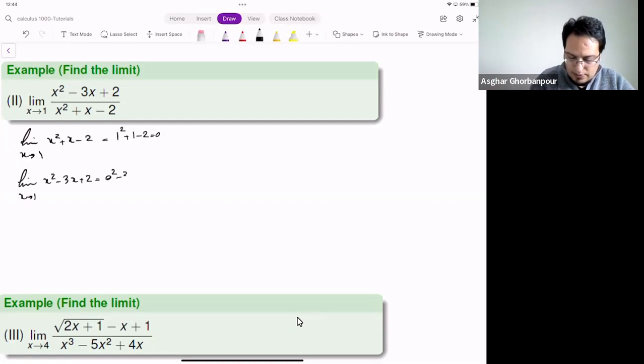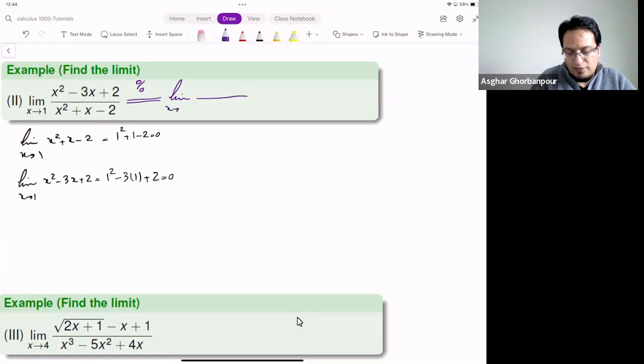Oh, sorry, I'm not finding the right limit. This is 1 squared minus 3 times 1 plus 2, which will be 0. So what we see is that this is a 0 over 0 indeterminate form.